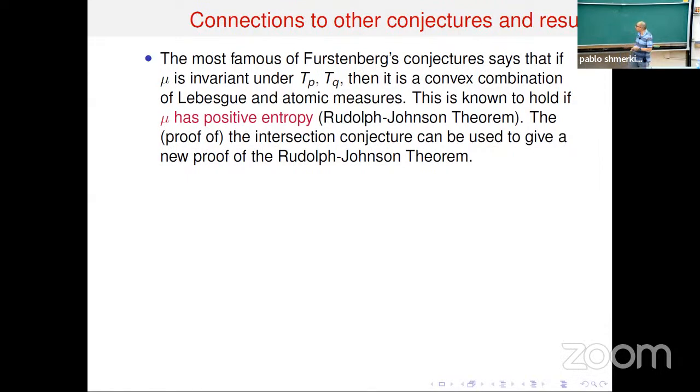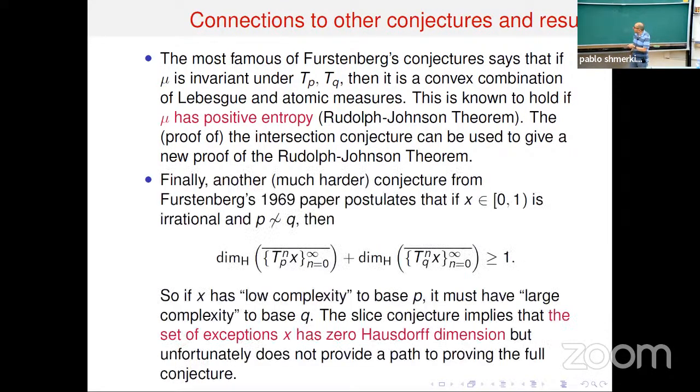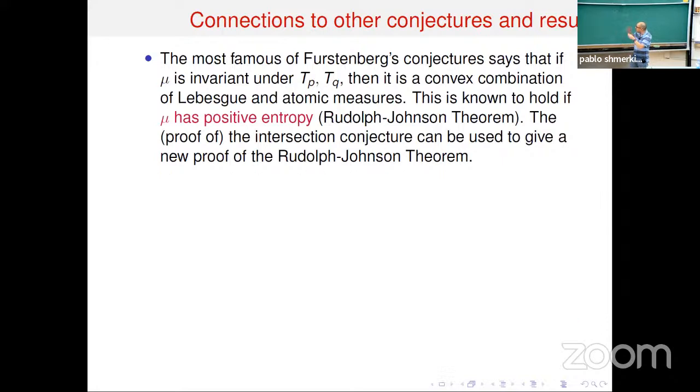And this is open, but it is a classical theorem of Rudolph and Johnson that this is true in some strong way if the measure has positive entropy or positive Hausdorff dimension. This is equivalent.